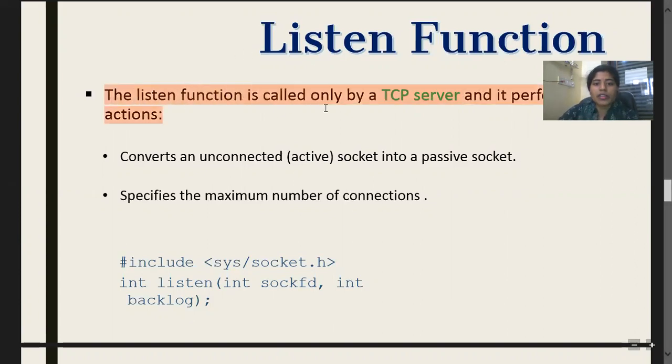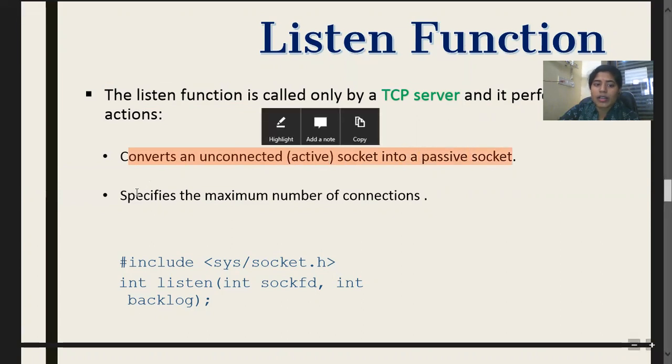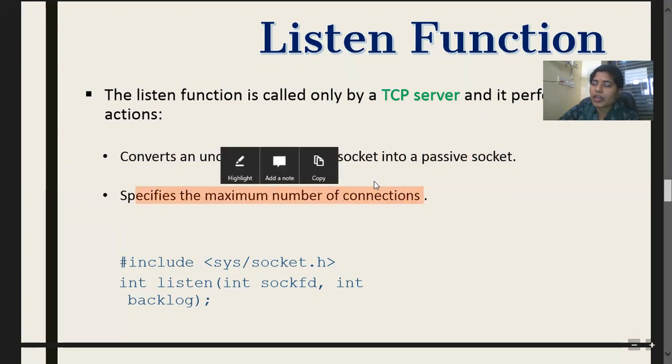The listen function is only called by the TCP server, the same as the bind function, and it performs two actions. First, it converts the unconnected active socket to a passive socket, and it specifies the maximum number of connections that can be established at one time.